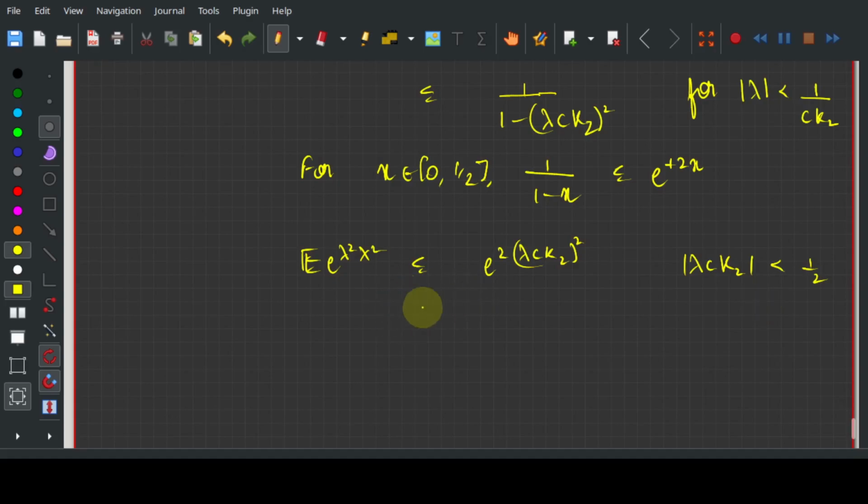All right. So this is less than or equal to e to the lambda square k3 square for lambda lying in a certain range.